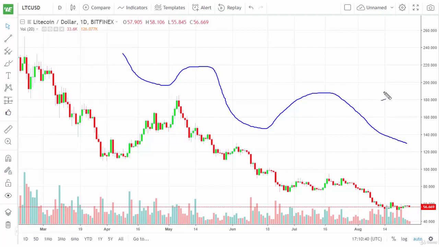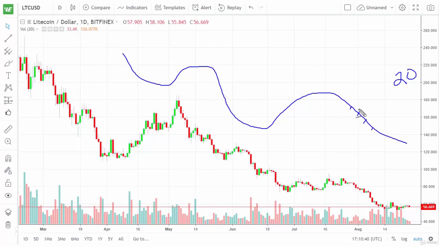So what I mean by this is, for example, if you have a 20 moving average, it will take every plotted point that makes up the line, will take the previous 20 candles, the average price, for example.